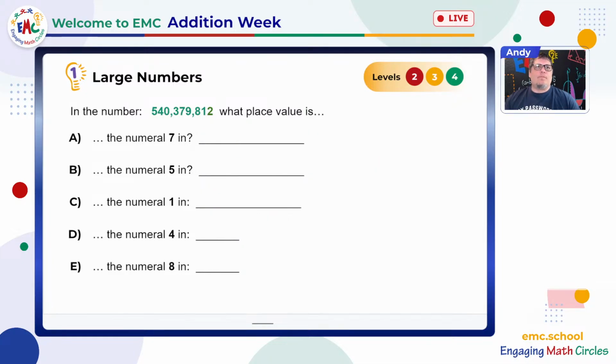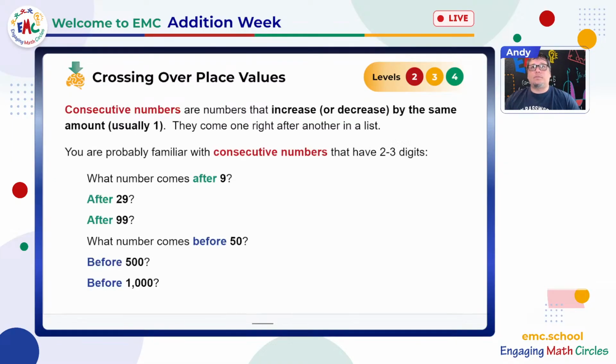Okay. So what do we have to worry about when we have big numbers? And we're adding them. We have to worry about what happens when we have consecutive numbers that are increasing by 1. So what is a consecutive number?